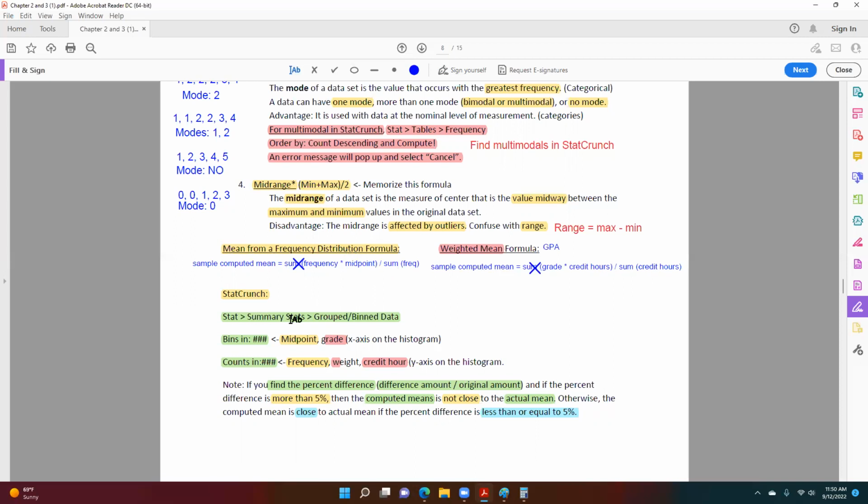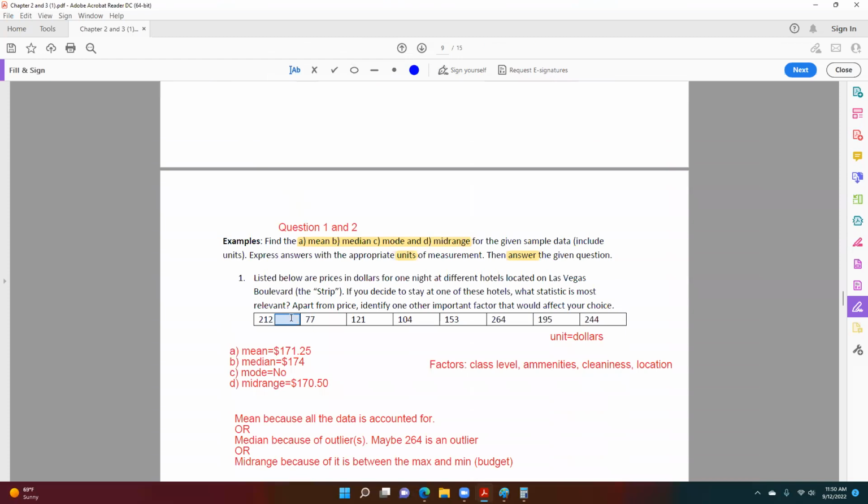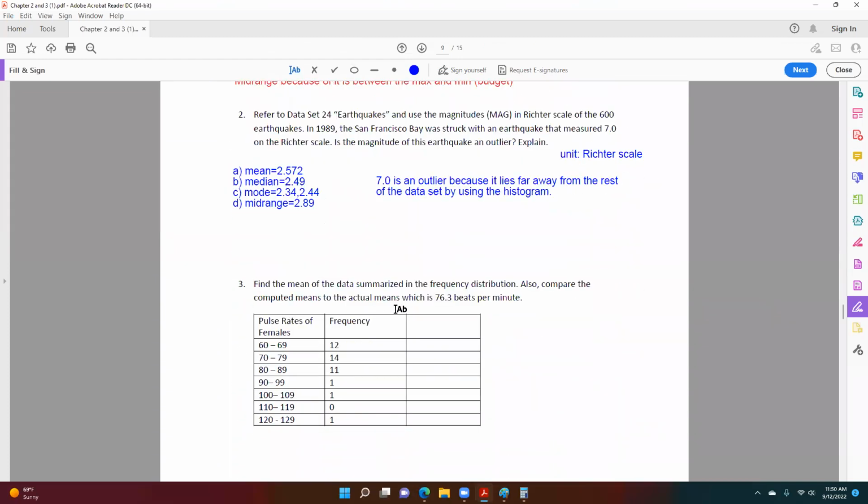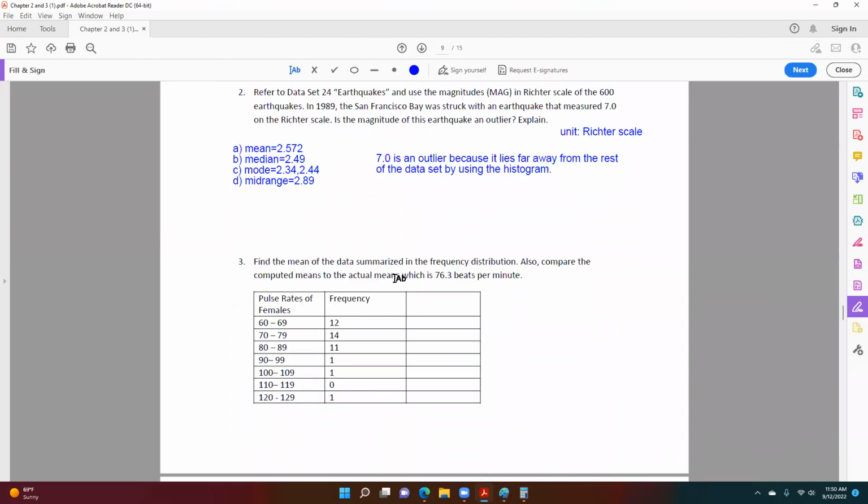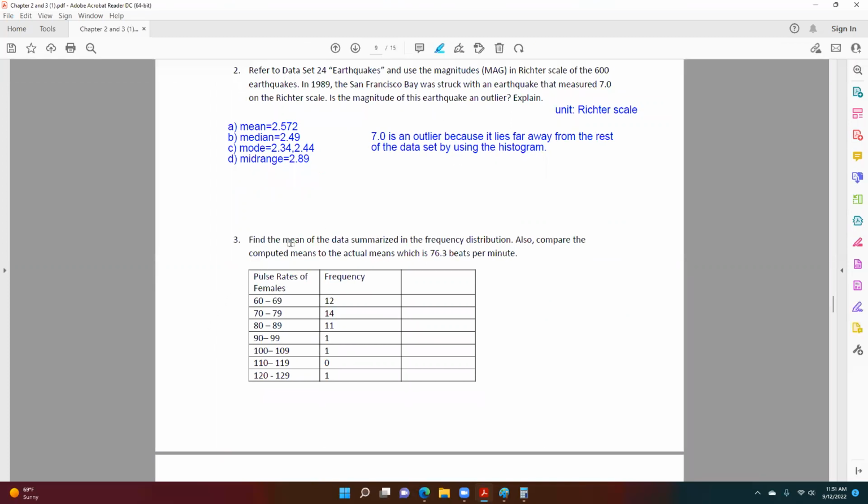Let's look at some examples so you will know what I'm talking about. This question, number 3, gives us a frequency distribution for the pulse rates of females. The question wants us to find the mean of this data, and then compare this computed mean that you found with the actual mean of 76.3 beats per minute.